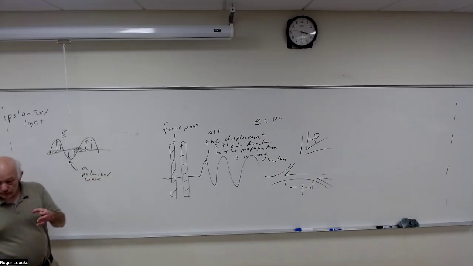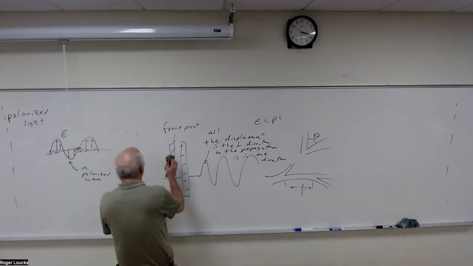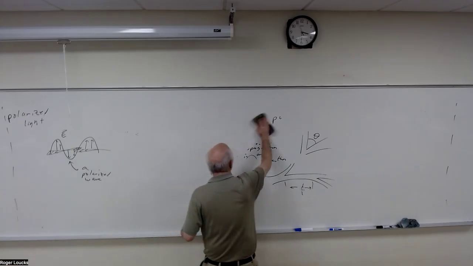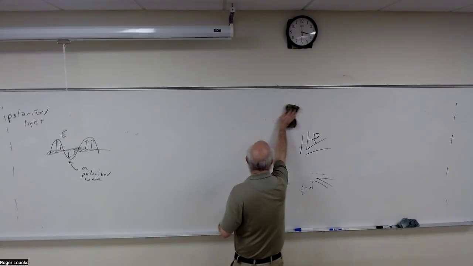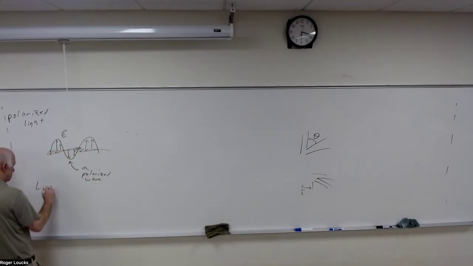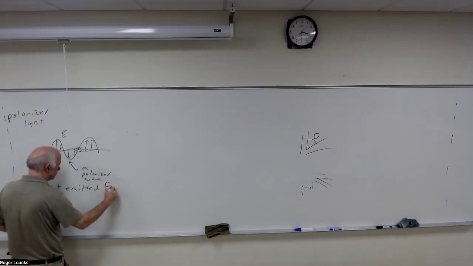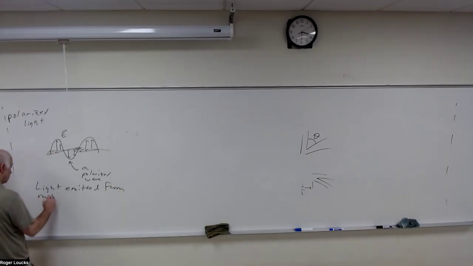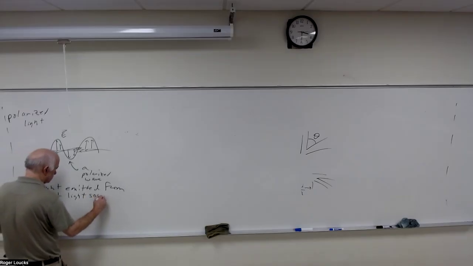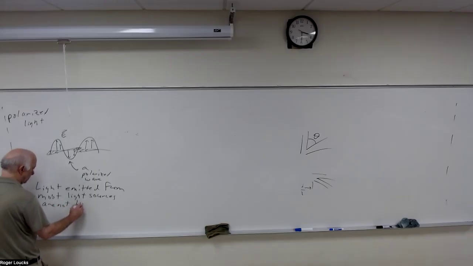Now, if you have a light bulb, the light coming from a light bulb is not linear polarized, or for most light sources. So light emitted from most light sources is not linear polarized.